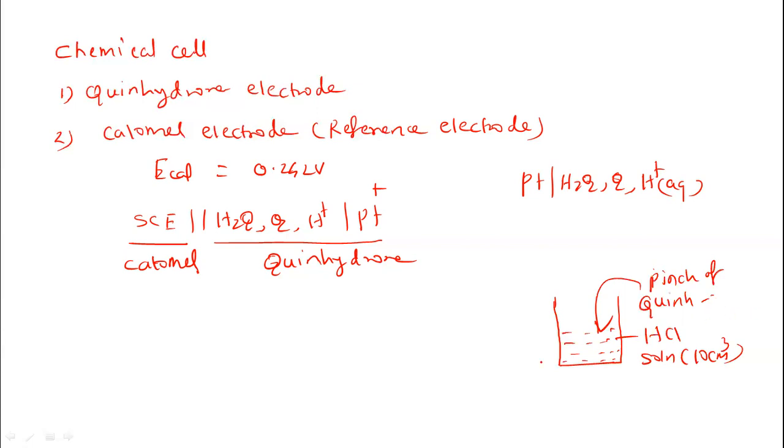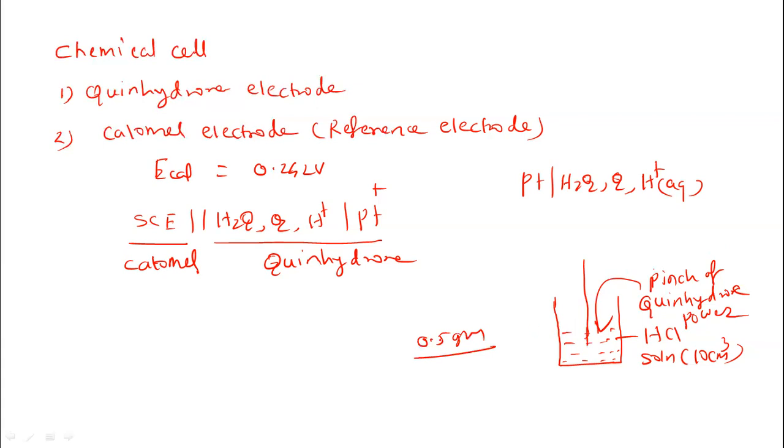Then there is a formation of the saturated solution of the quinhydrone. A very small quantity, around 0.5 gram of the quinhydrone powder, is required. It should be added into this, and then dip the platinum electrode. This is the platinum electrode, an inert electrode.